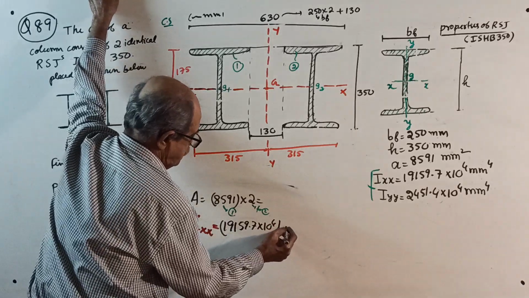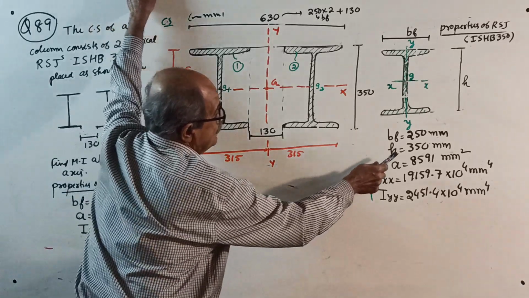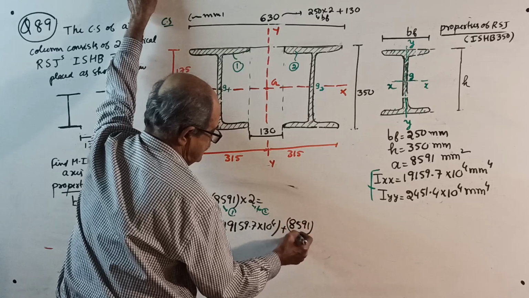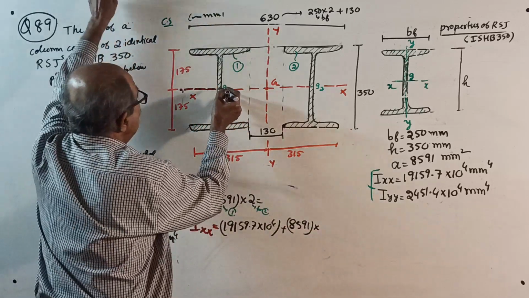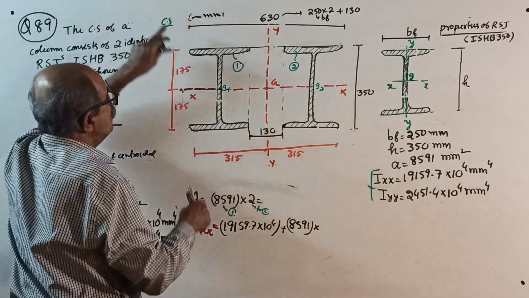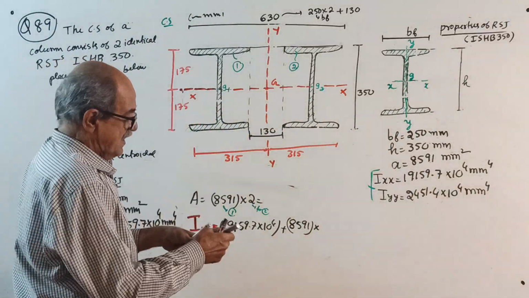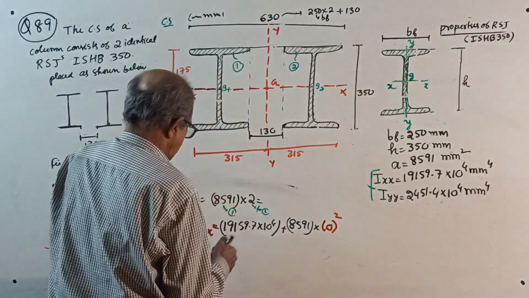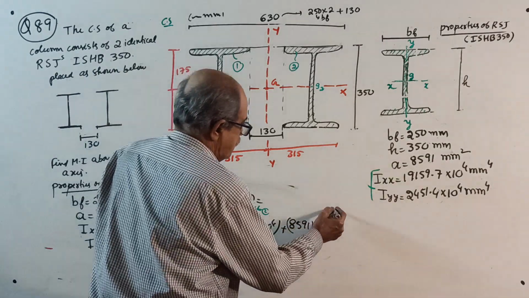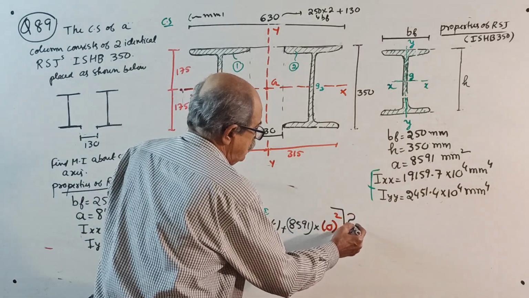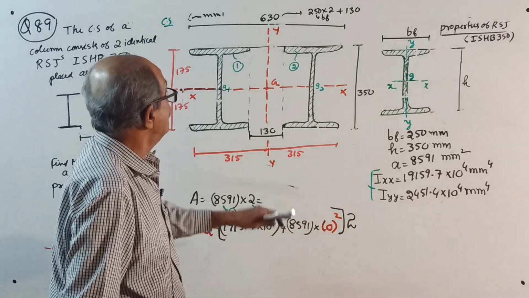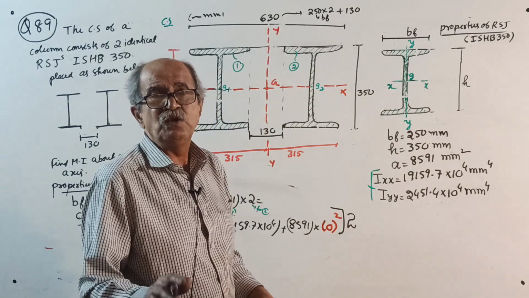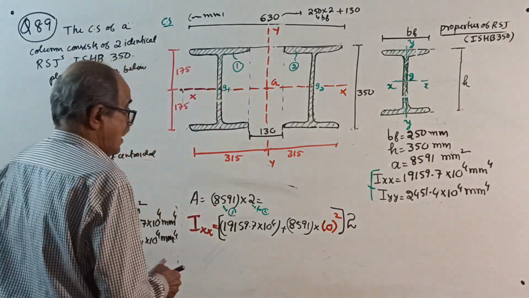Ig plus area, 8591 is the area, into the distance from centroid G1 to XX. Centroid G1 lies on XX, therefore into 0 square. Now everything is multiplied by 2, since the second one is identical. Okay, over. Now I about YY.